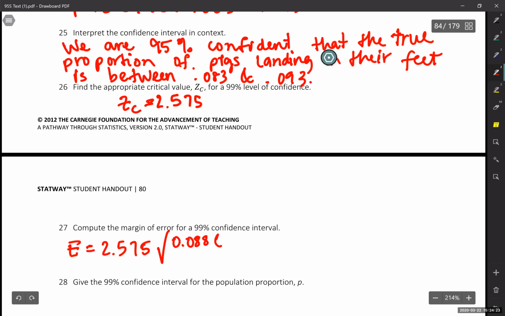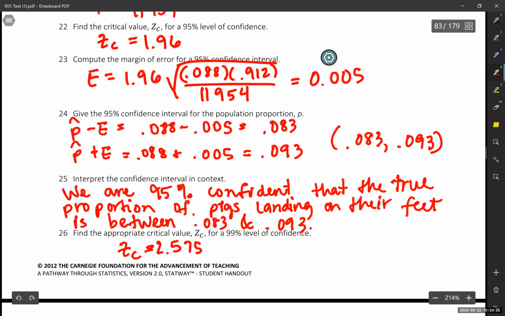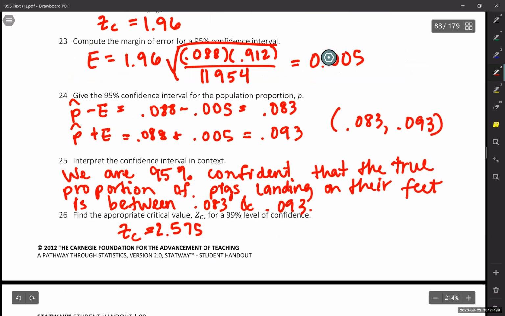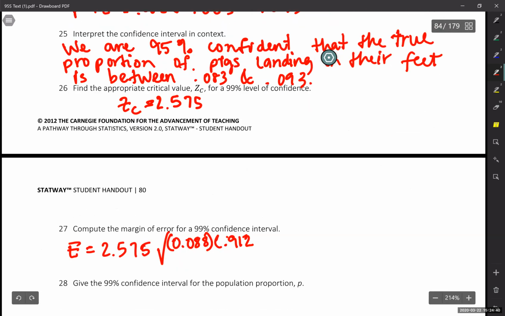What was it? It was 0.912. And then it was N, 11,954. Plug that into my calculator and I got 0.007.